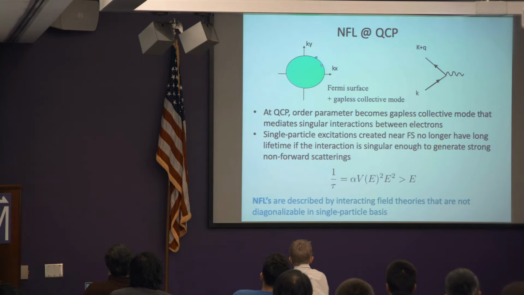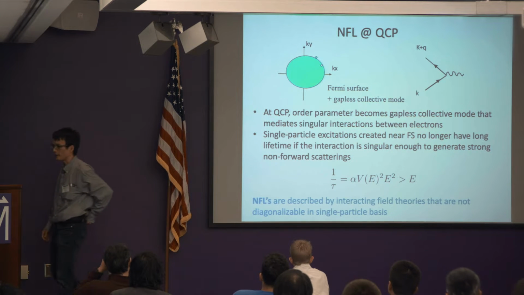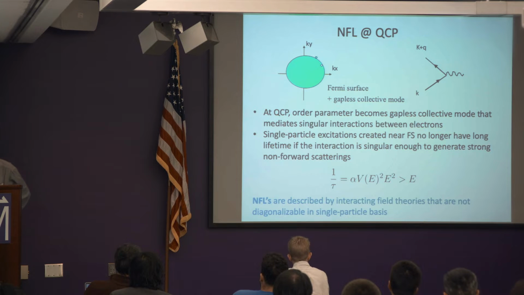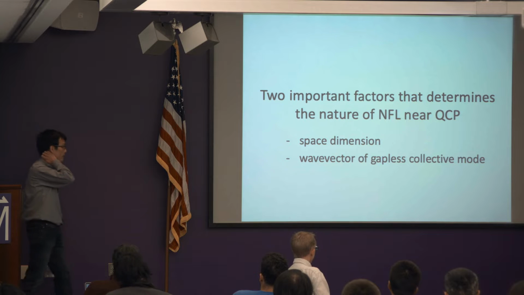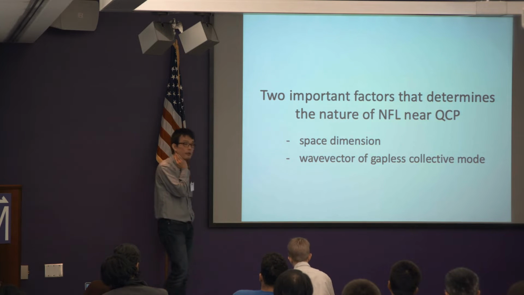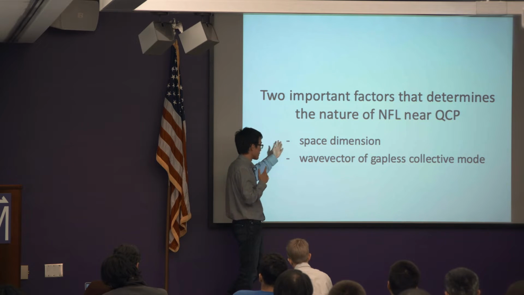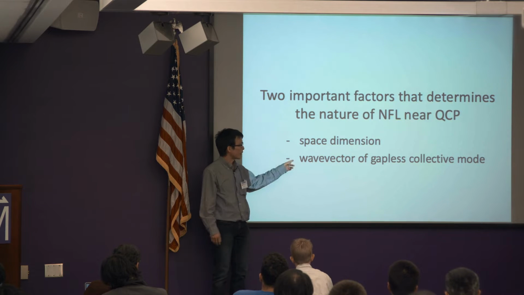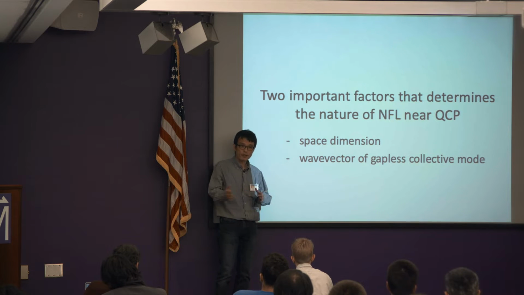Okay, so the main topic of this lecture is about understanding field theories for those non-Fermi liquid states. So two important factors that determine the nature of non-Fermi liquids that arise near quantum critical points are, not surprisingly, space dimension and the wave vector associated with the broken symmetry.